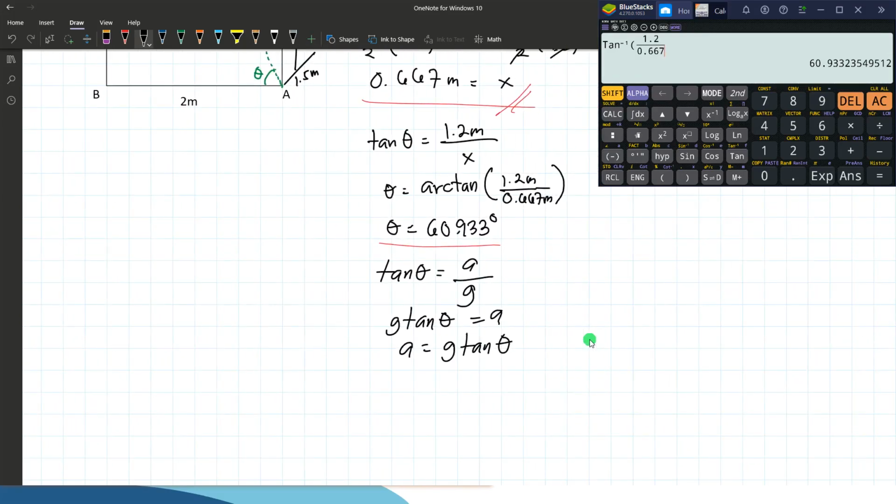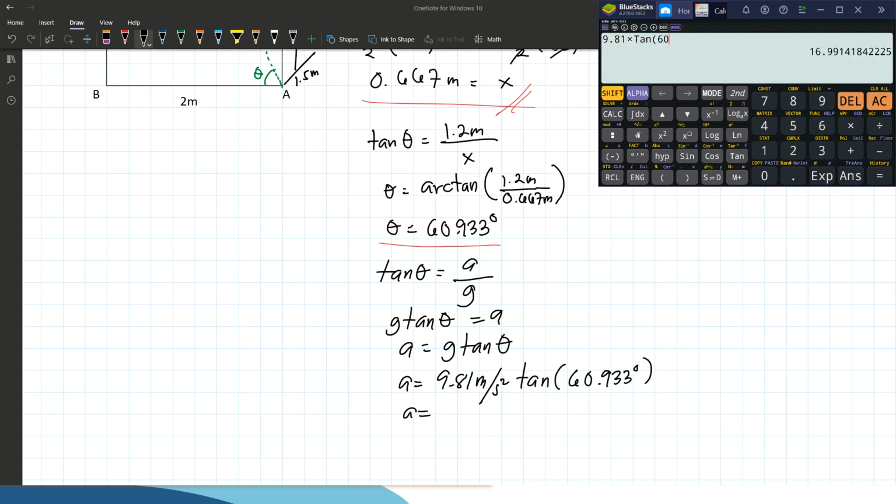Acceleration is 9.81 meters per second squared multiplied by tangent of 60.933 degrees. So the acceleration is 17.649 meters per second squared. That's the answer for letter A.